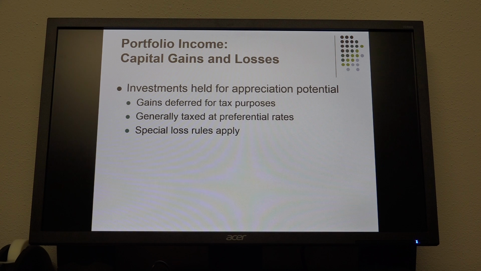And again, it is taxed at preferential rates when it is sold. So it's a win-win.